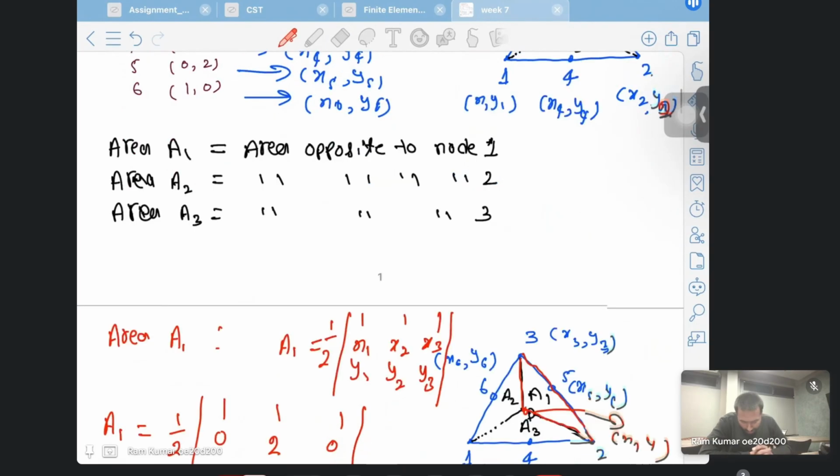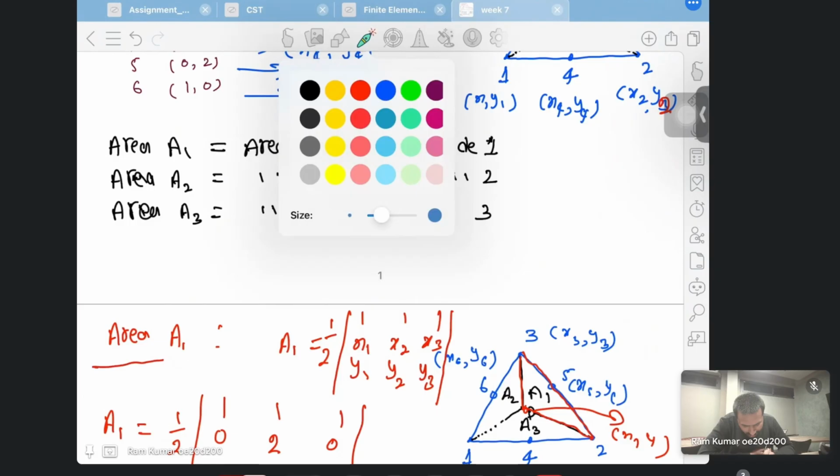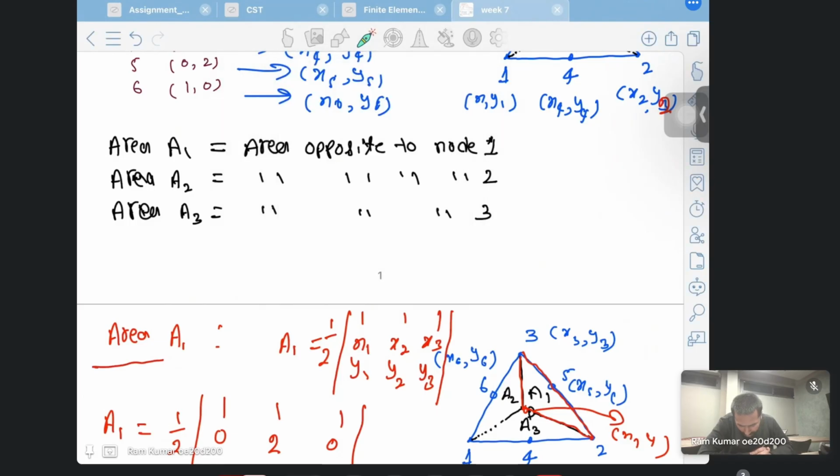Okay, so now I'm going to find area A1. How can we find area A1? So this is our area A1.